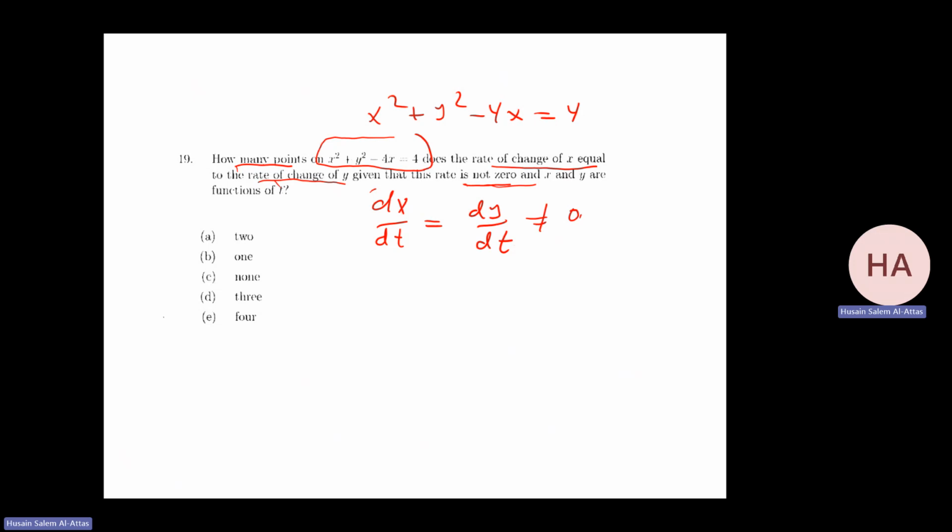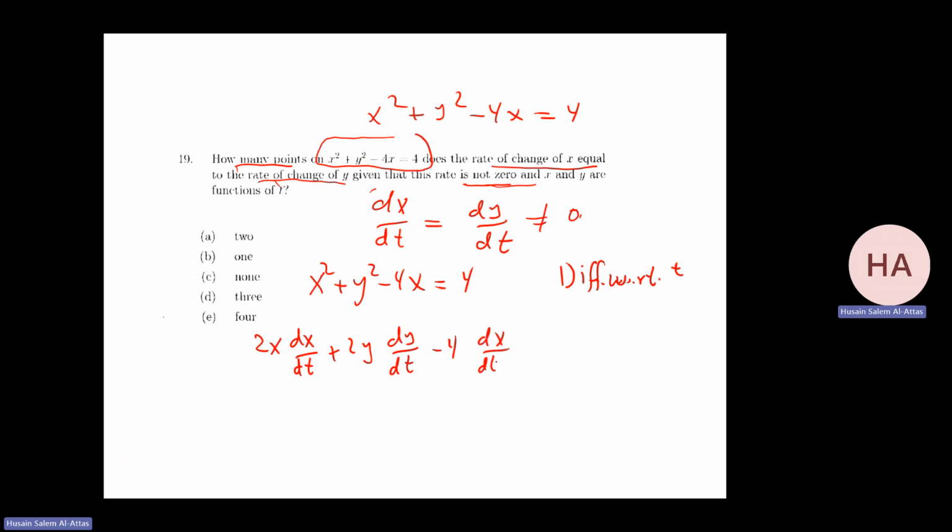What shall we do? We have the relation. We just differentiate with respect to time. What you will get? You get 2x dx by dt plus 2y dy by dt minus 4 dx by dt equal to 0. I know that dx over dt equal dy over dt.